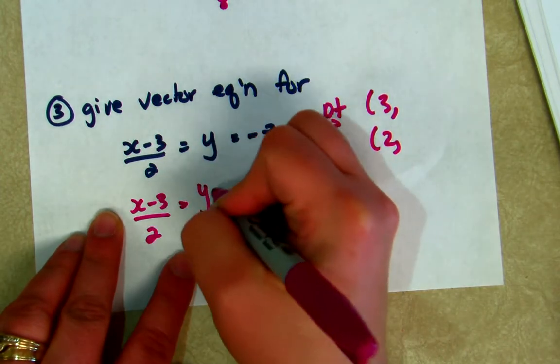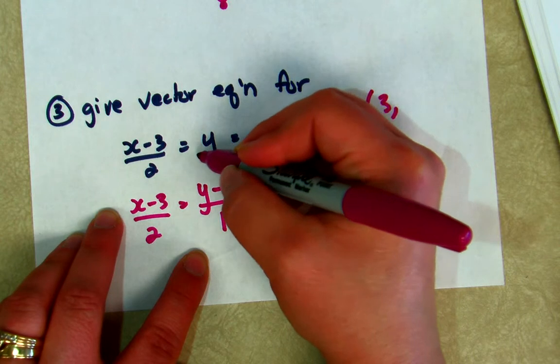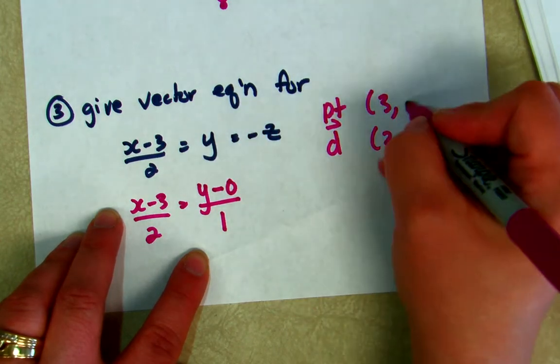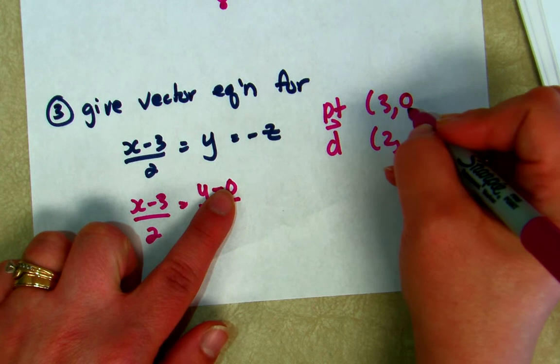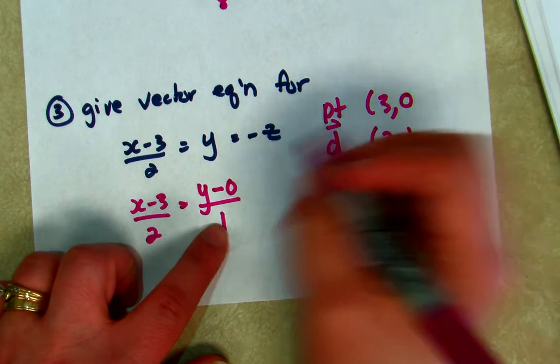Y is the same as y minus 0 over 1. There's nothing being subtracted, and anything that's written not as a fraction is still a fraction. It's over 1. So 0 is the y part of my point, and 1 is the y part of the direction, or the b.